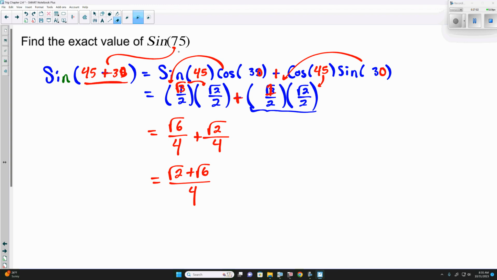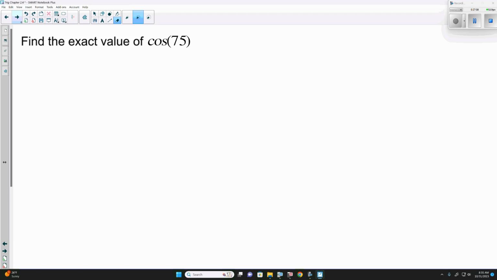Now, at any one of them, we could try to see what to add together, subtract from each other, just to make 75, and that's all we're trying to do. So we can say cosine of 75. I can pick any angle I want to start with.